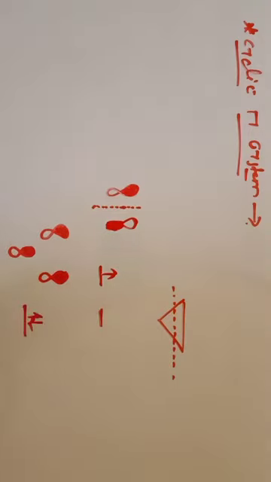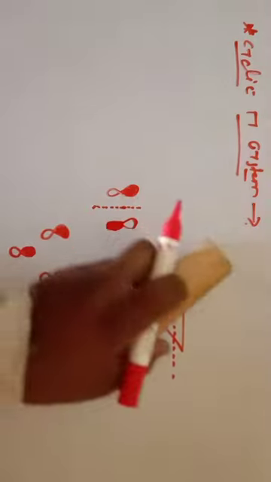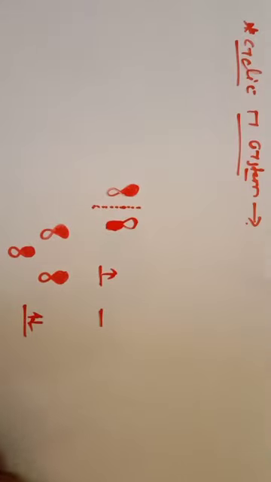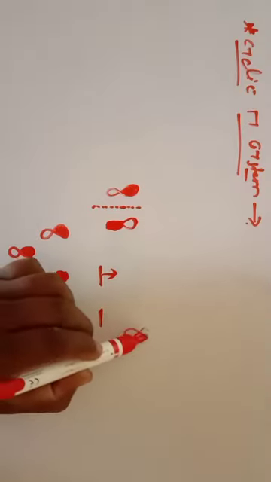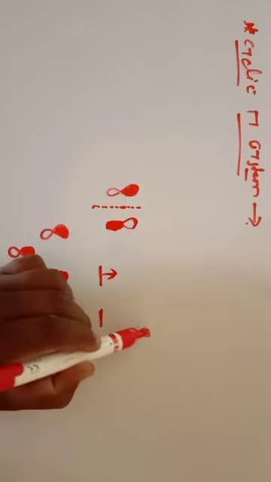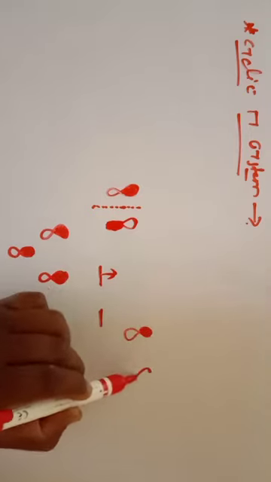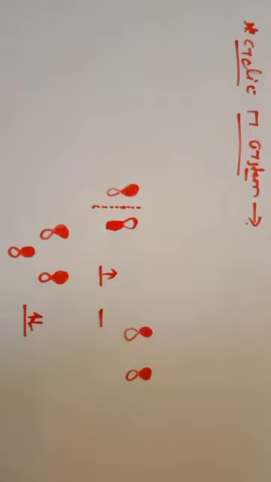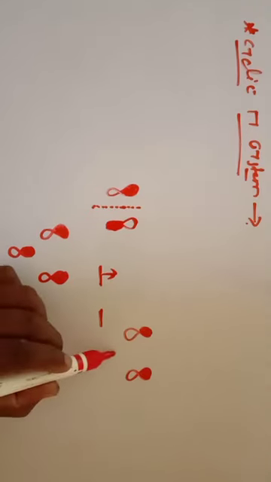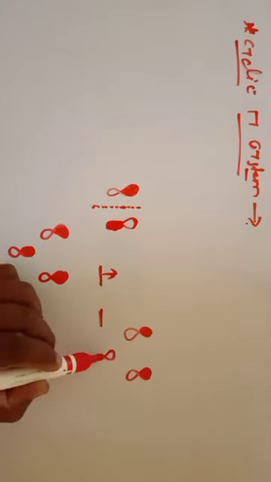If you see its pictorial representation, this is how the node occurs: two p orbitals are in the same phase, but the third p orbital is in a different phase.